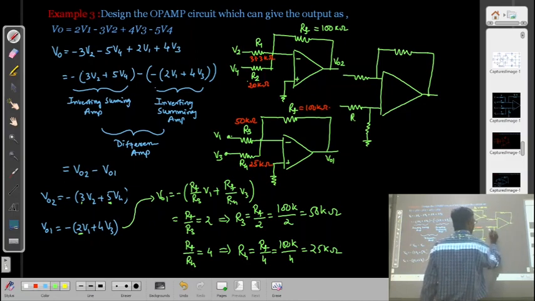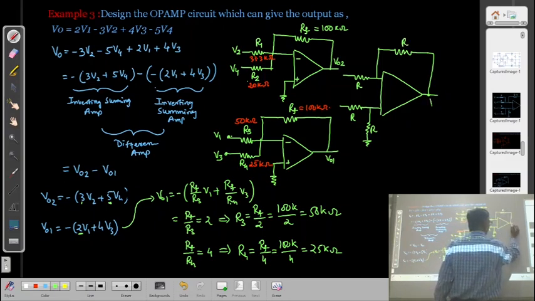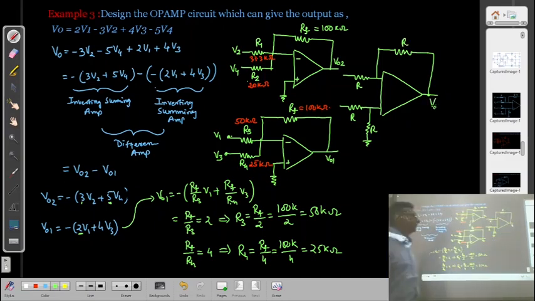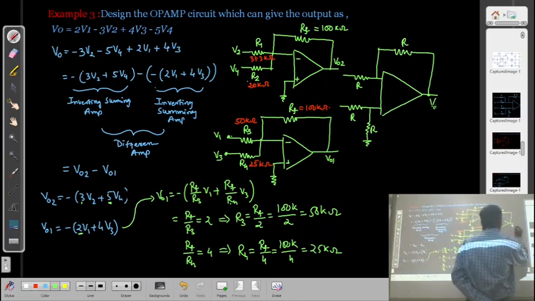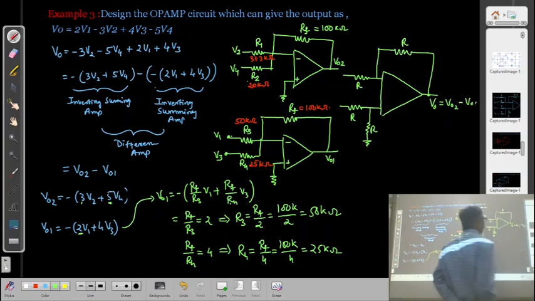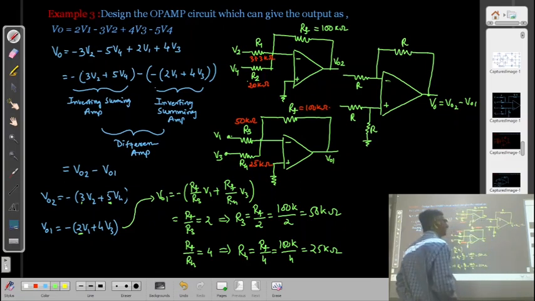So if we take this R, and R, then this output voltage we can write as VO2 minus VO1. So it is written as VO2 minus VO1. Okay? VO2 means what? Voltage at a non-inverting terminal, and VO1 is voltage at an inverting terminal. So you have to be careful.